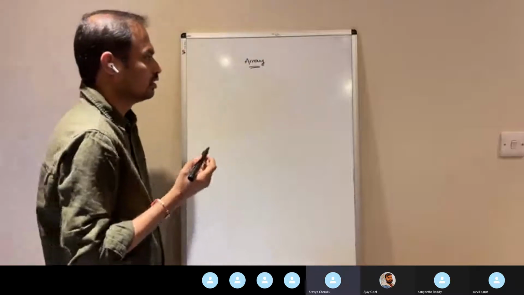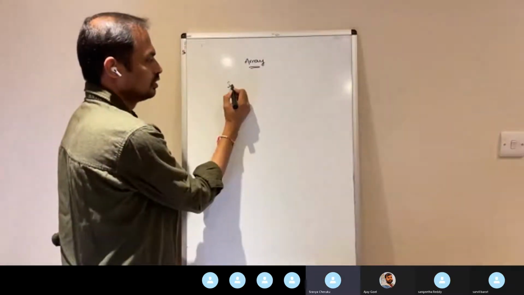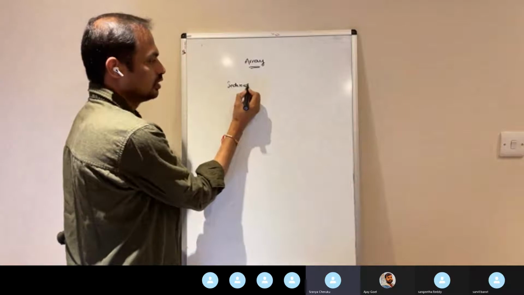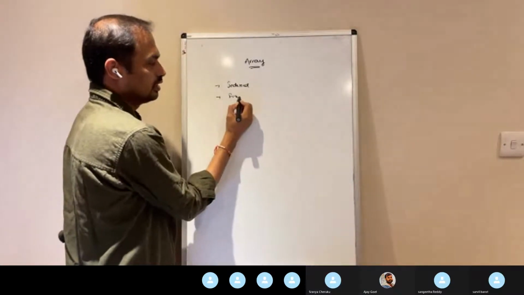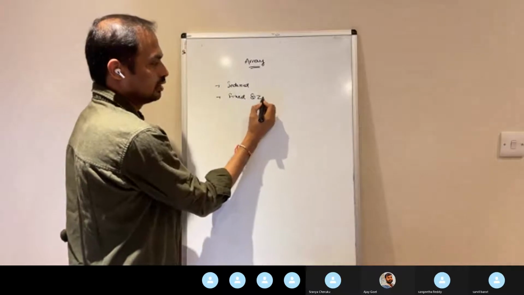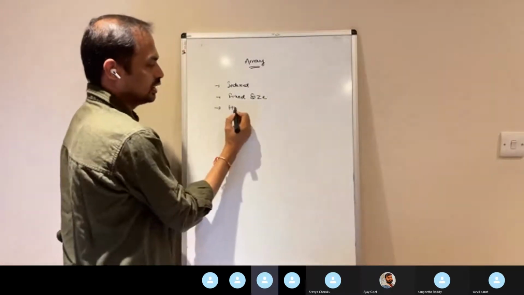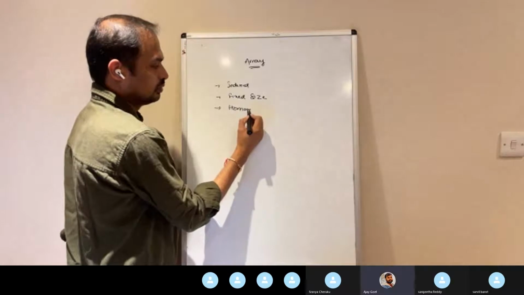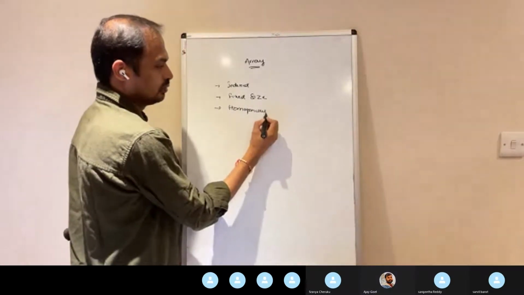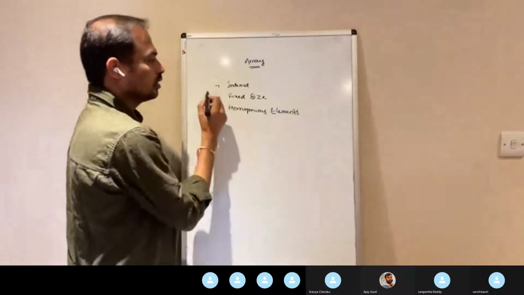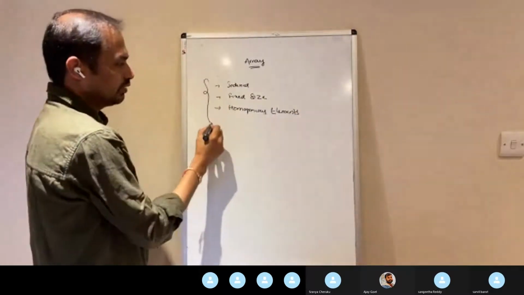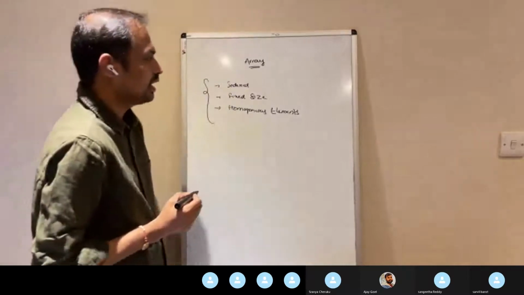Array is an indexed element with a collection of homogeneous elements with a fixed size. Yeah, it is an indexed, fixed size and homogeneous element. So you just need to remember these three words to define an array.